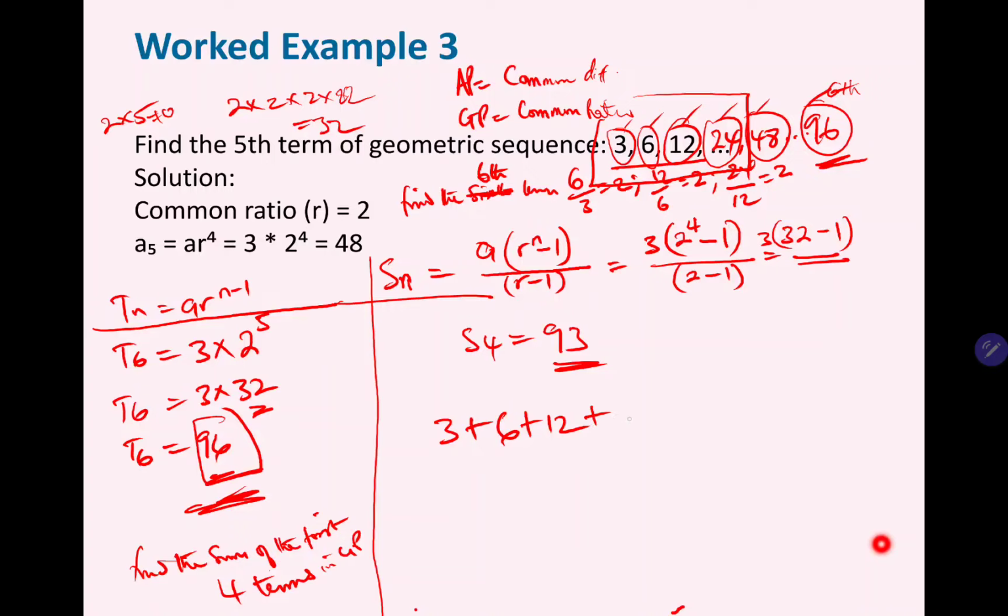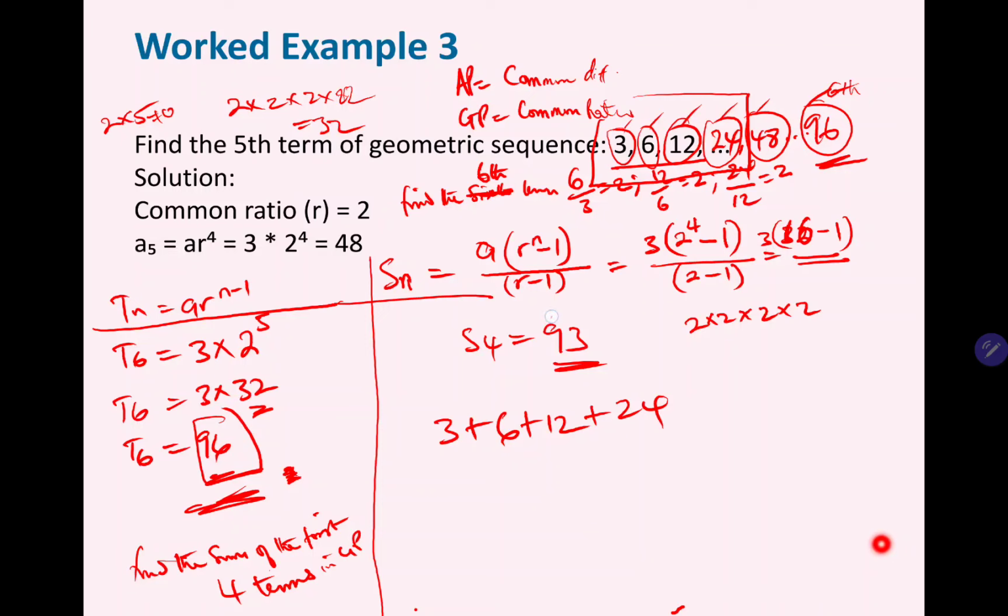Hold on. 2 raised to the power 4 is 2 times 2 times 2 times 2, four places, which is 2 times 2, 4, 4 times 2, 8, 8 times 2, 16. 16, not 32. 16 minus 1 is 15. 15 times 3 is 45.